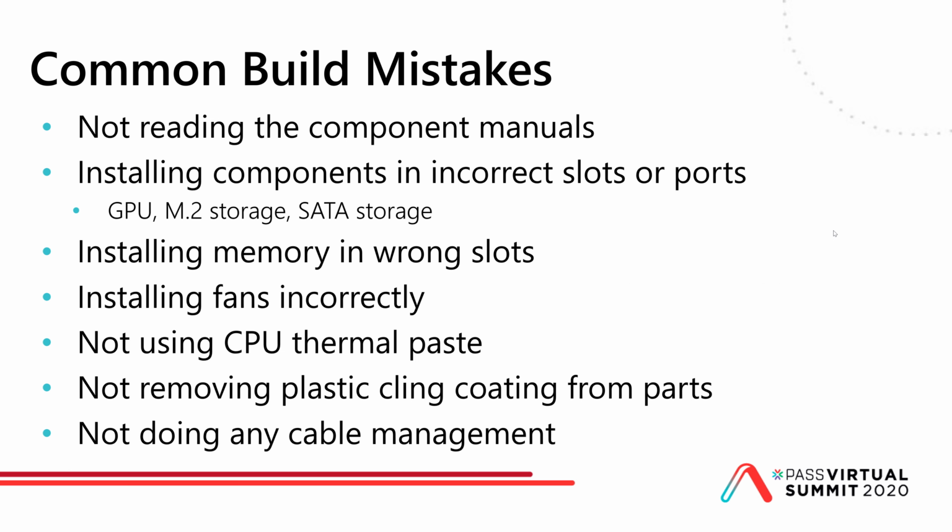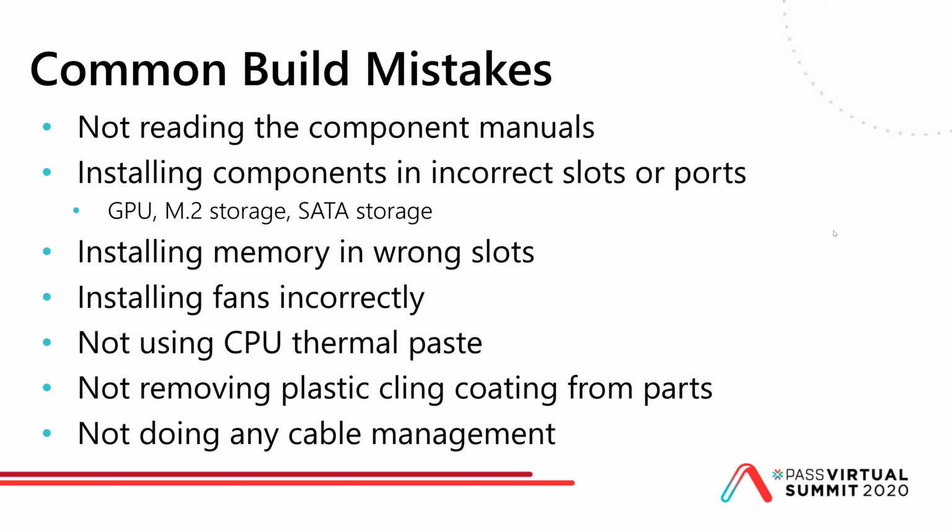A few things that I see very often when people build systems is not reading the manuals, in particular the motherboard manual and the manual for the case. It's very common to install some of the components in incorrect slots or ports. For example, putting the video card into one of the PCIe slots that's furthest away from the CPU instead of the one next to the CPU.